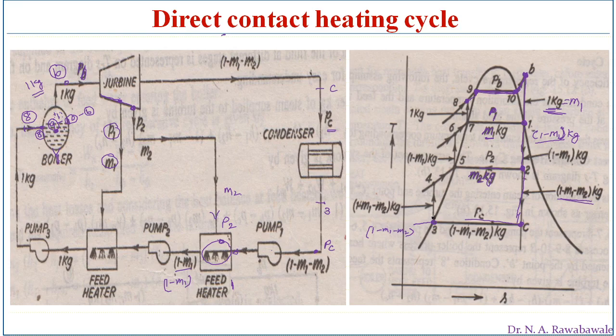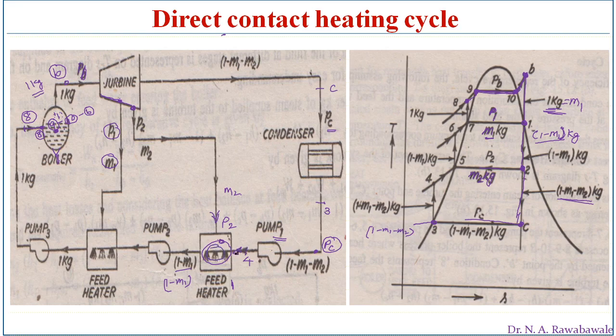Now we can see here this pump from 3 to 4, we call this point 4. Between 3 and 4, this pump 1 is doing work, and that is increasing the pressure from the condenser pressure to the pressure P2. Because the steam coming from here is at pressure P2, if we do not increase the pressure of the condensate up to P2, then it is impossible to inject this condensate into this feed heater 1.